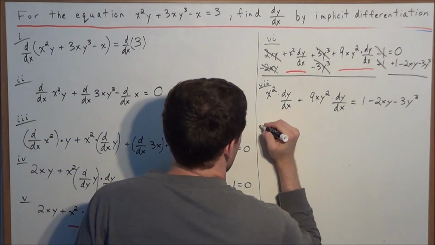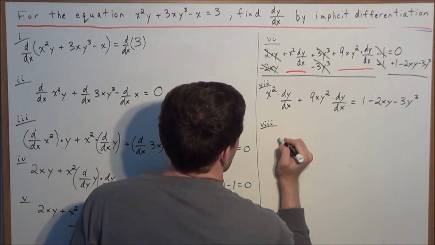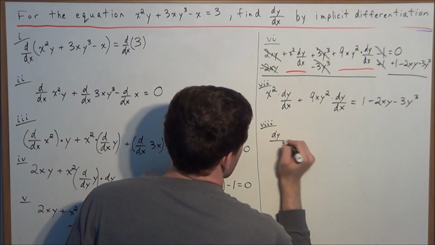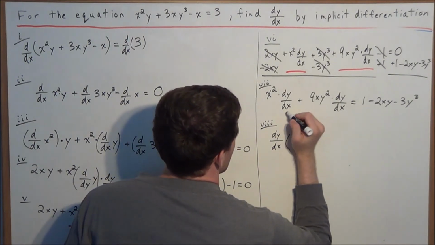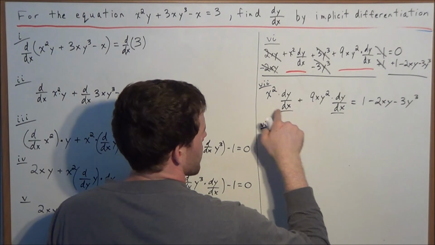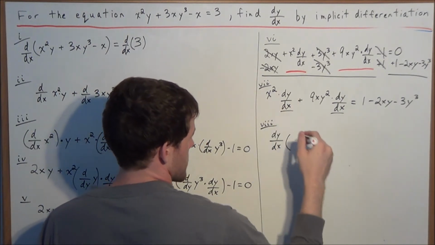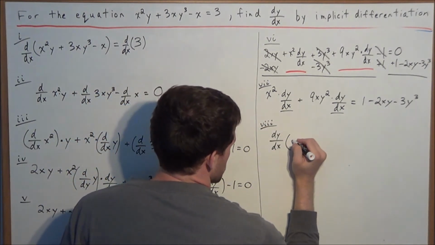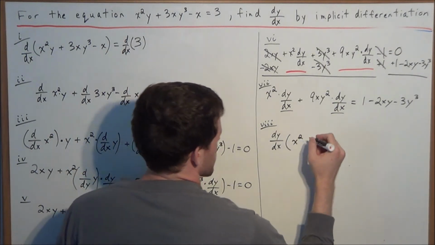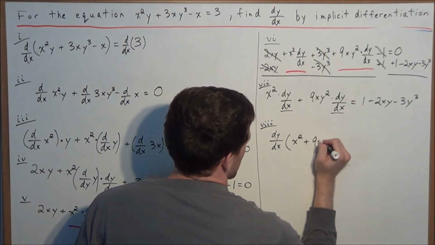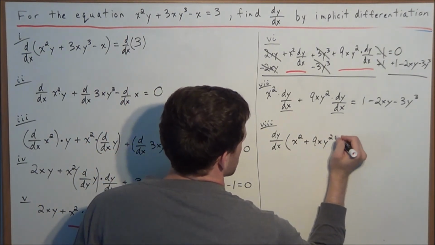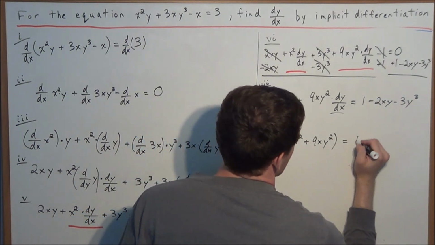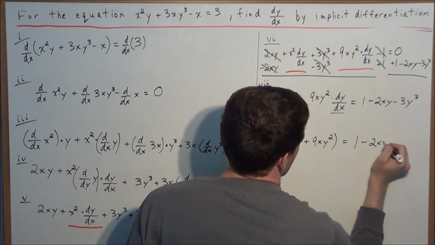So in the next line, we have dy/dx. We're pulling a dy/dx out of each of those from the left-hand side. And now what's left on the first piece, we have x squared. And on the second piece, we have plus 9xy squared. And this is still all equal to 1 minus 2xy minus 3y cubed.